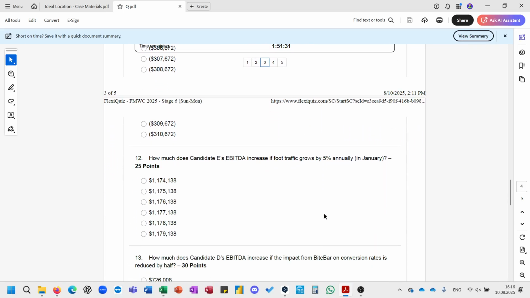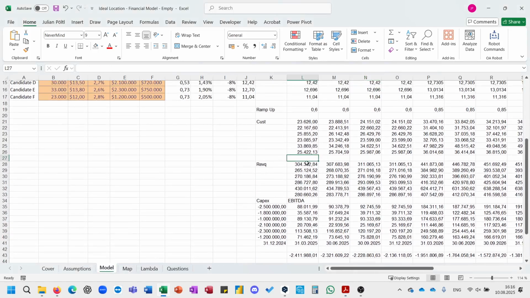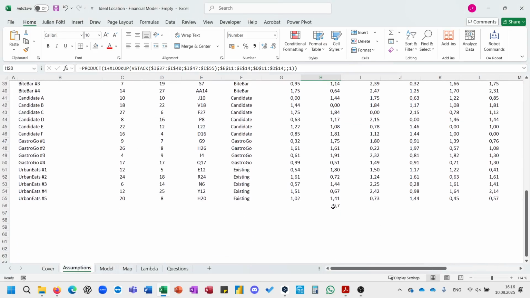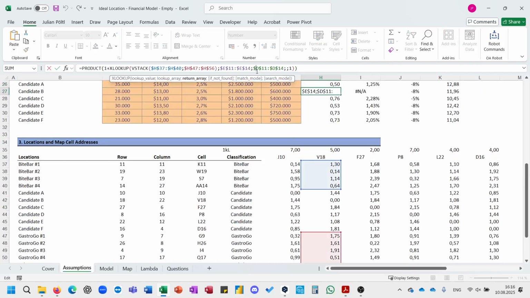So question 12. How much does candidate E EBITDA impact increase if foot traffic grows by 5% annually? So first, sorry, I need to adjust this here and make the base case out of it.